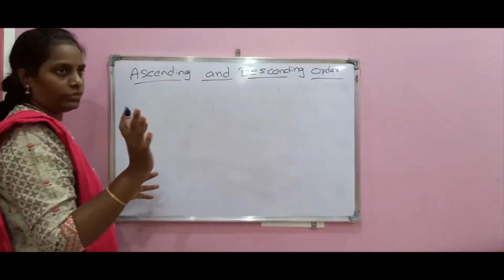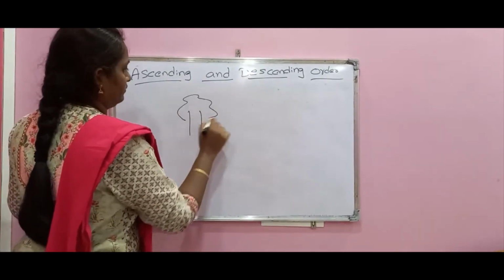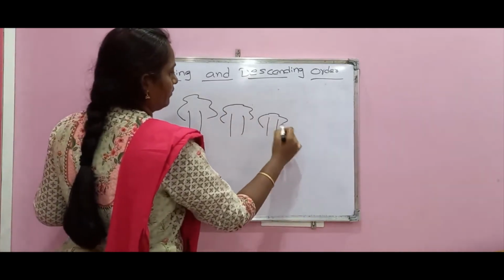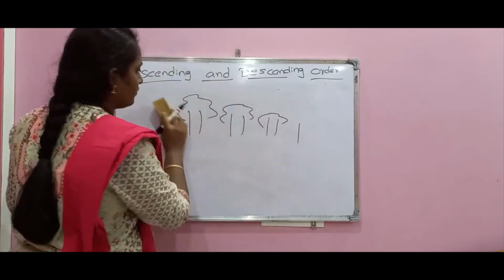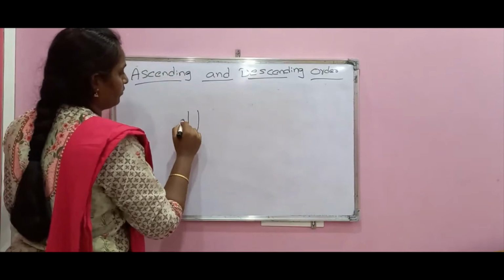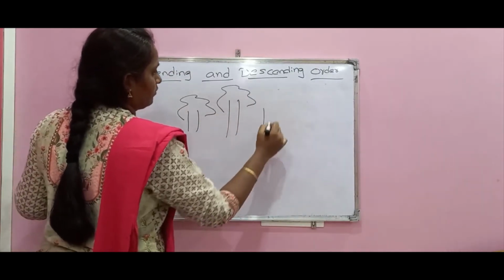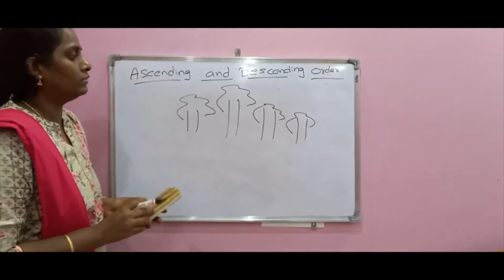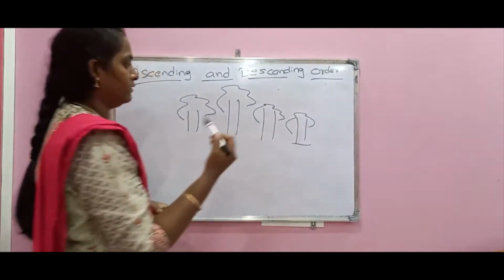It means if suppose 5 trees are there, which is the smallest tree here? This one is the smallest one.